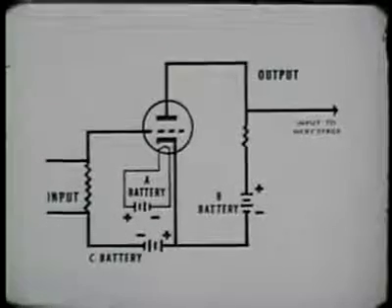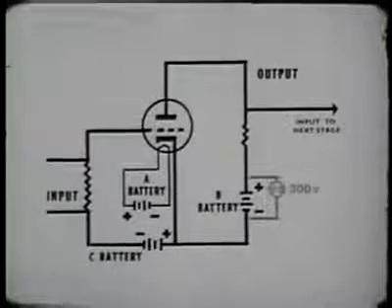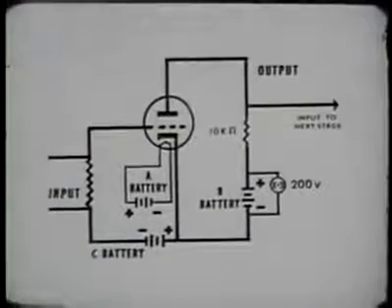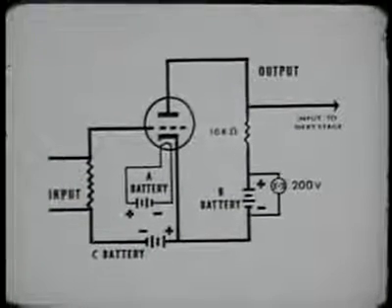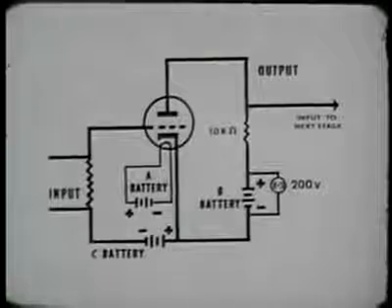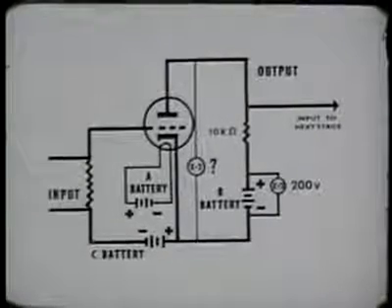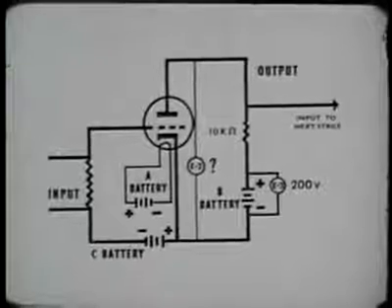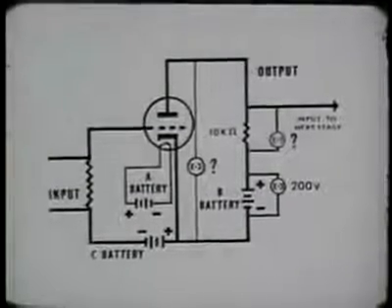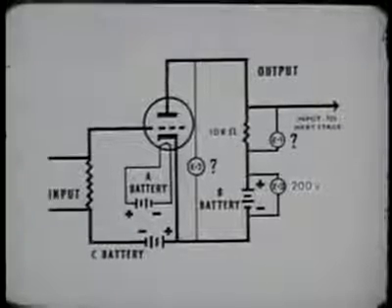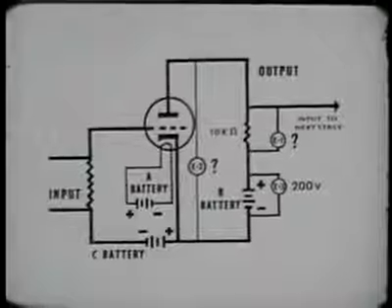The B battery has a potential of 200 volts, and the load resistor is 10,000 ohms. To compute E2, or the difference in potential between the plate and cathode, we must subtract E1, or the drop across the load resistor, from E3, or 200 volts.